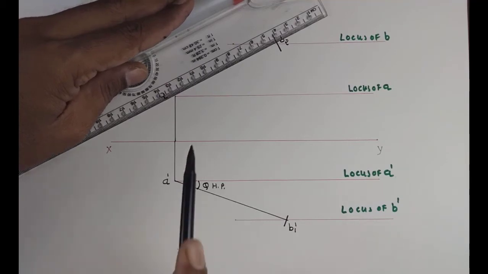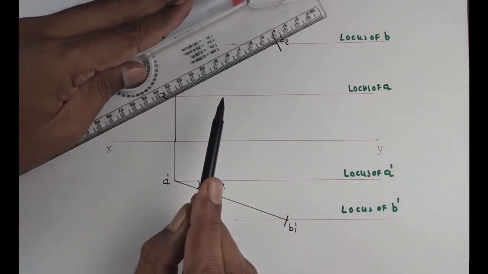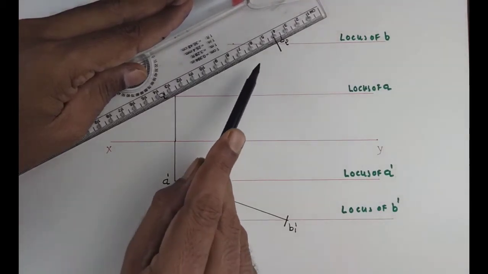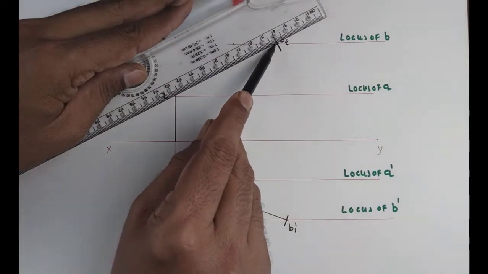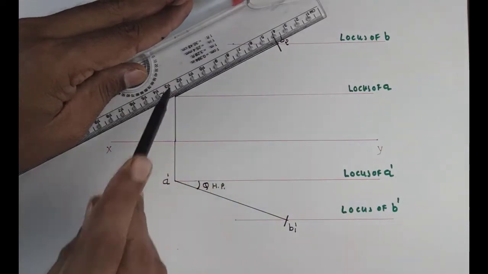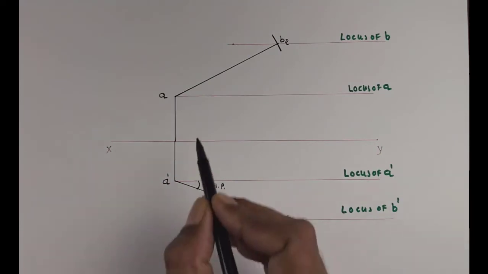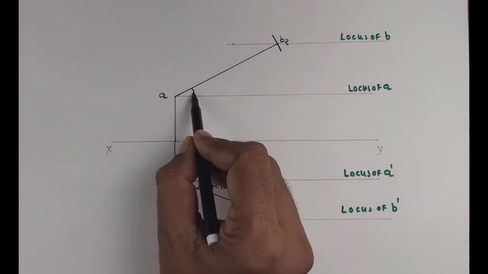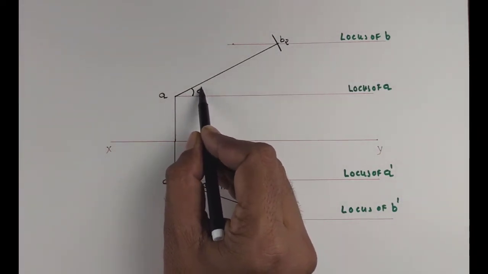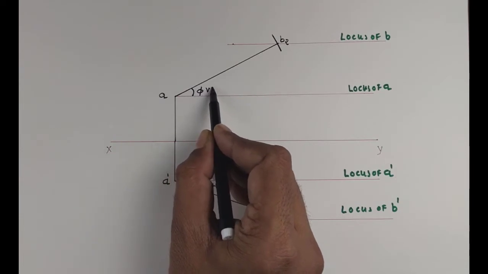Here you can get the initial two answers. The problem says find the line inclined to HP and VP. So I got the two answers. This is my phi, line inclined to VP.